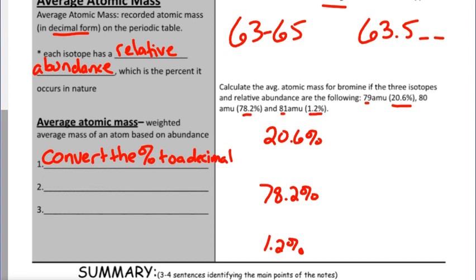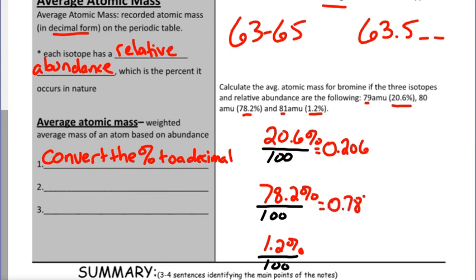To convert the percentage into decimal form, all we have to do is divide each of these by 100. This takes us out of the percent of 100 different atoms down to just one individual atom. So this is going to equal 0.206, 0.782, and 0.012.